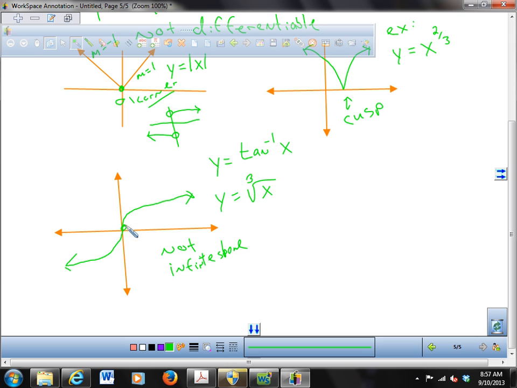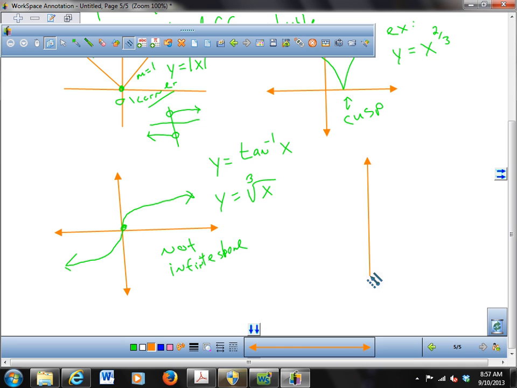Also, if something is not continuous, then it's not differentiable at that point.